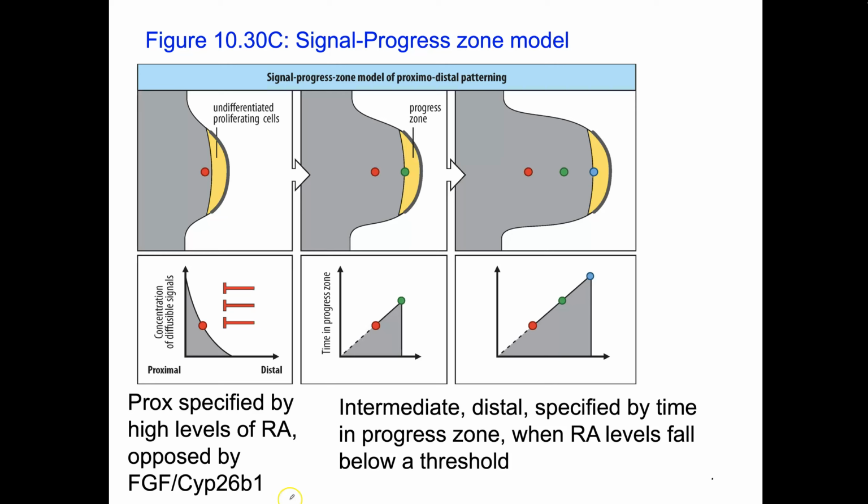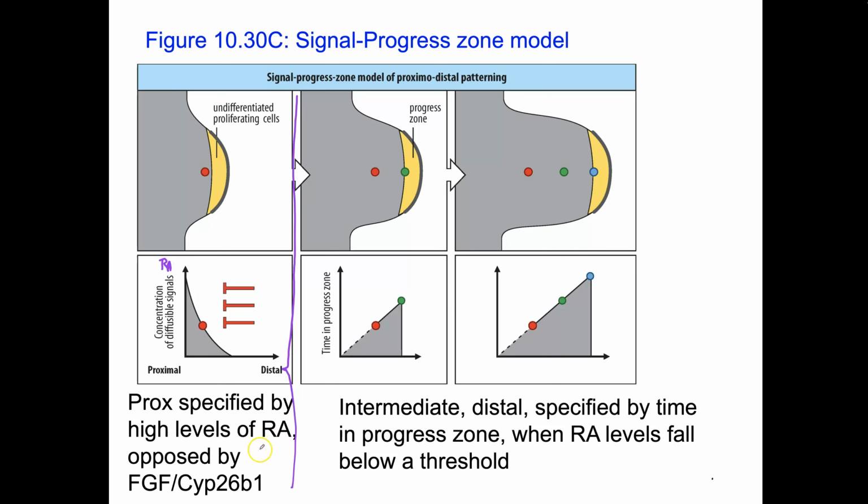And it suggests that in the proximal and the distal and intermediate areas, there are different ways that this is actually functioning. So if you just look in the early limb bud, we still have this retinoic acid signal.